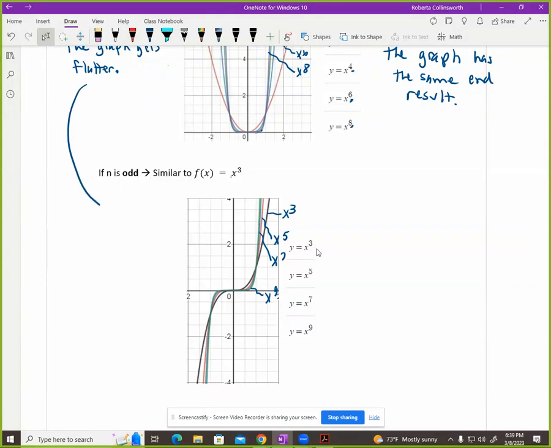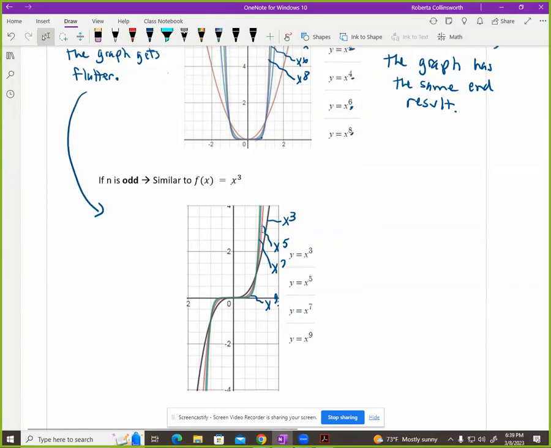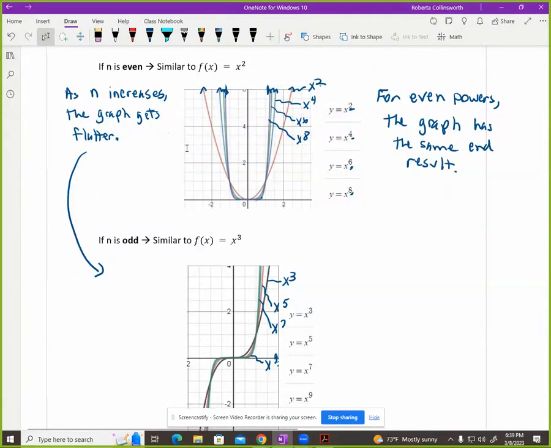So the same thing is happening down here. As n increases, so here's 3, here's 9. Notice how the black one is not as flat as this green one. This green one gets flatter.